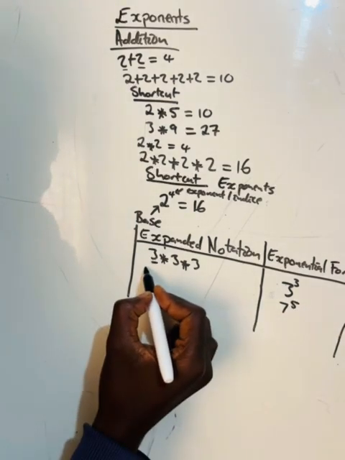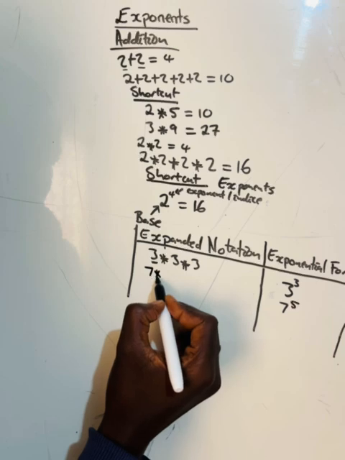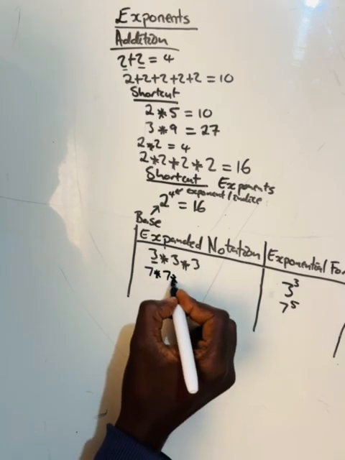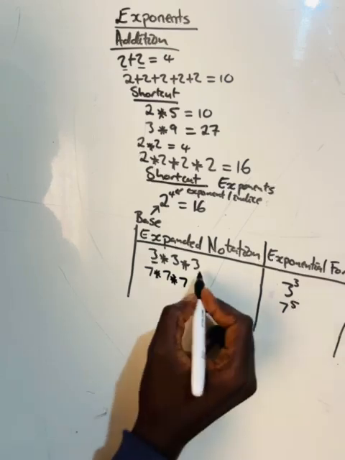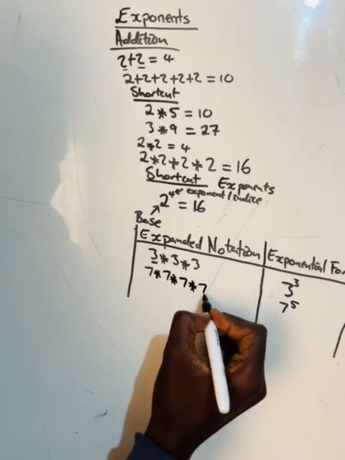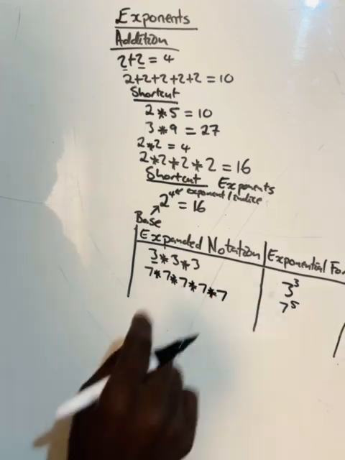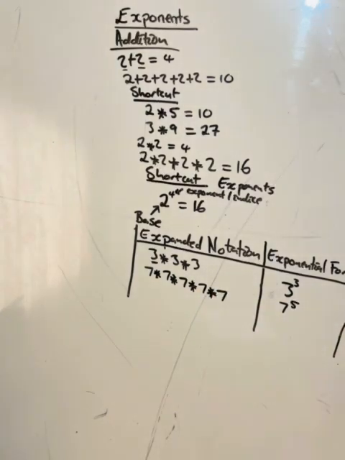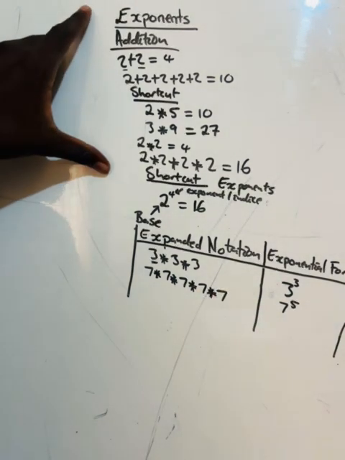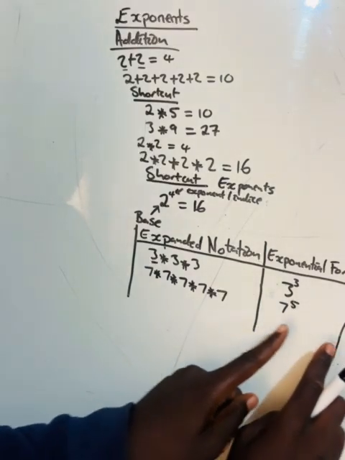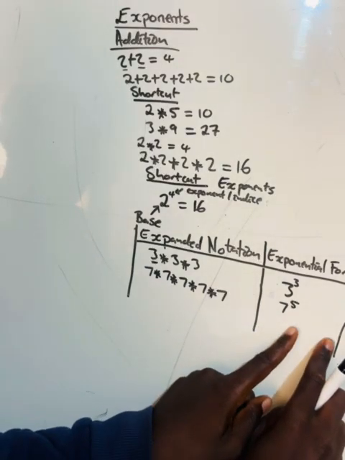Which means we say 7 multiplied by 7, we have 2 of them now. Multiplied by 7, we have 3 of them. Multiplied by 7, we have 4 of them. Multiplied by 7, now we've got 5 of them, and we have answered. So this is the introduction to exponents. This is expanded notation. This is exponential form.